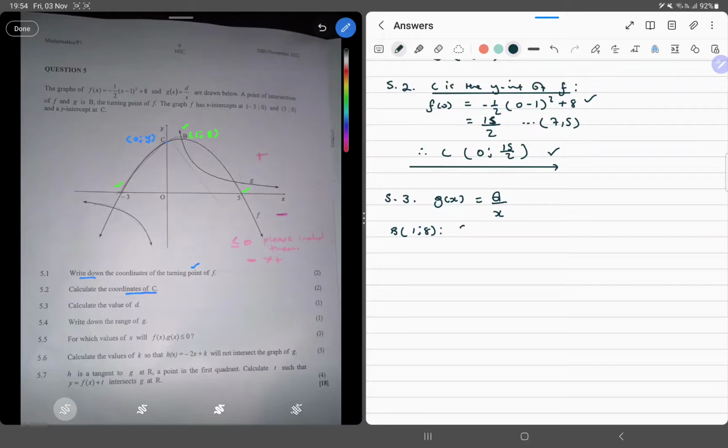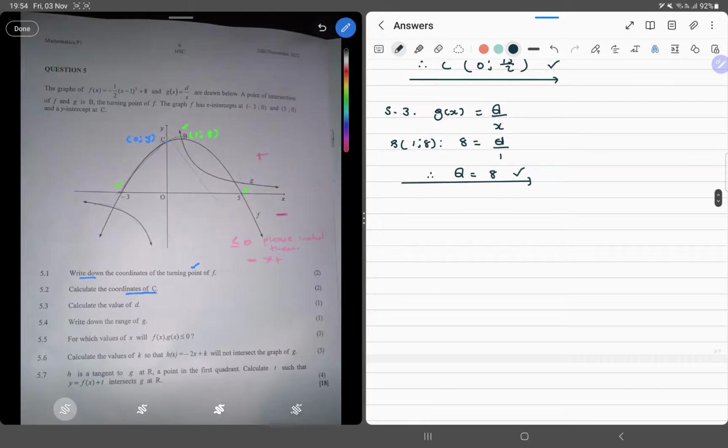It is such that 8 is going to be d over 1. You can say therefore d is equal to 8. So do you see, we expected a positive value and we are getting one. So here the answer is that which gets the mark.